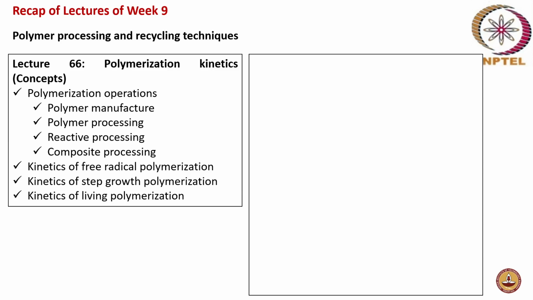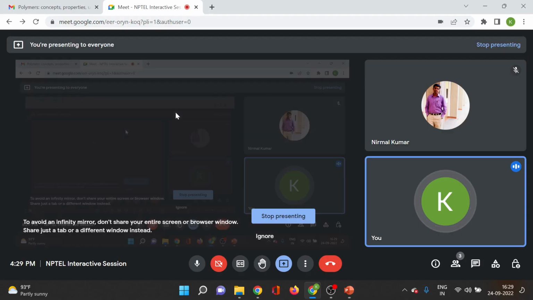I mean, not the formula, at least you know that this concept was discussed, that for cationic polymerization it's difficult to bring it into a single formula, right? Are you there? Maybe if you're finding difficulty, you can just type in the chat box as well, okay?